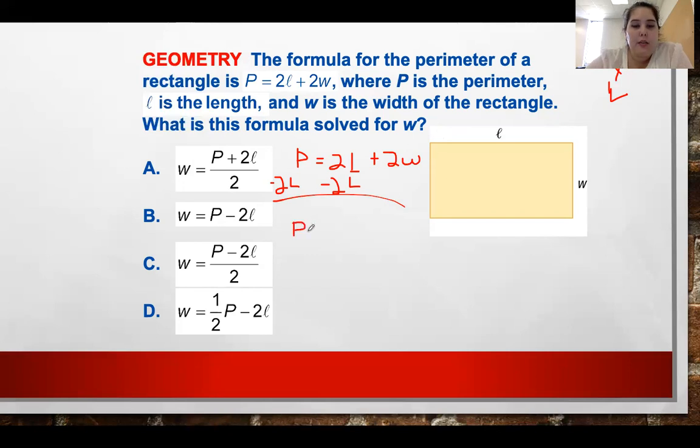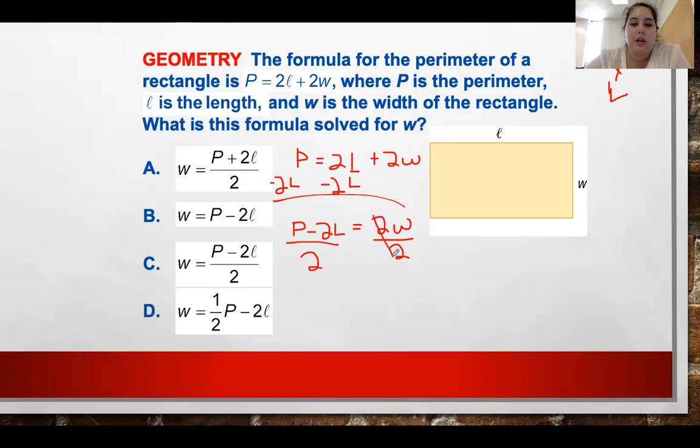So we get P minus 2L equals 2W. So we're going to divide by 2 because the inverse of multiplying is dividing. And here again, on this side, I can cancel out the 2's because this is a single term.